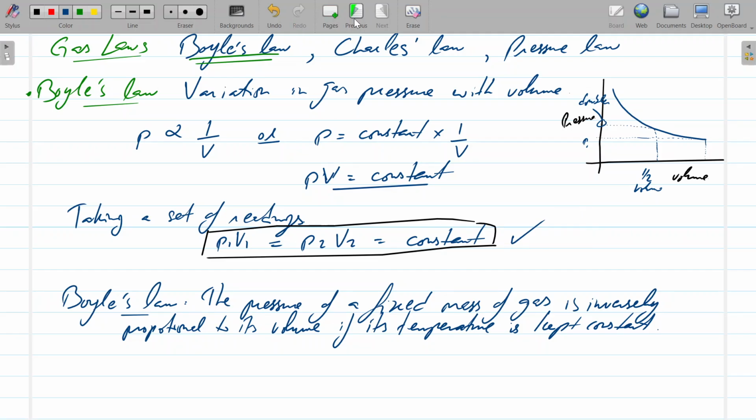And let's put that into a bit of practice. So there's a question, a worked example. You have a fixed mass of gas.